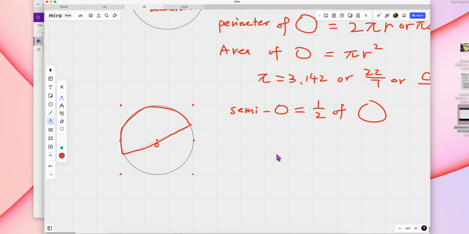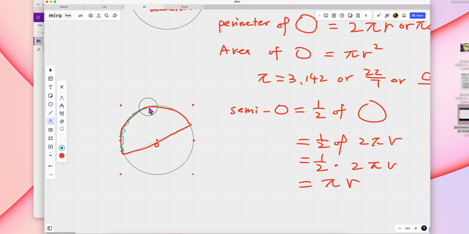Yeah. So we know that the perimeter of the circle is 2 pi r, so therefore the semicircle will be half of the perimeter of the circle, which is 2 pi r, right? Half of means half times 2 pi r. So if you do half times 2, that is 1, so you are only left with pi r. And this pi r is this part, right?